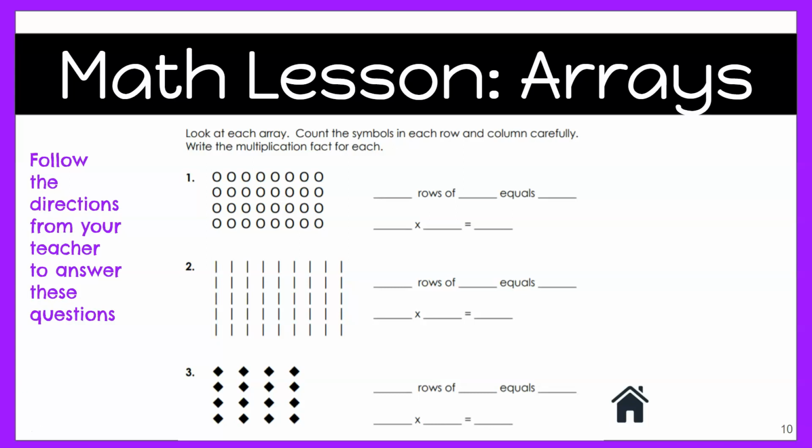So let's count 1, 2, 3, 4, 5, 6, 7, 8. So I could say there are 4 rows of 8, and I could count all those up and get to my answer, which would be 24, correct? So I would say 4 times 8 equals 24 for the first one.